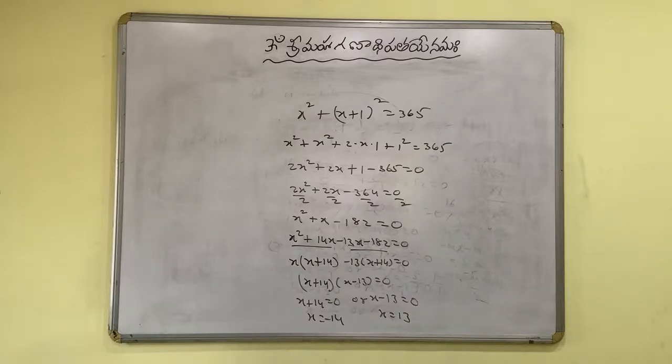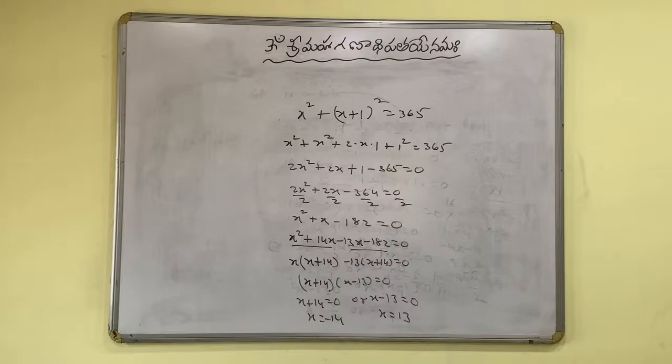Which one do we need to consider? We need to consider only positive 13, not negative 14, because in the question it is given two consecutive positive integers.